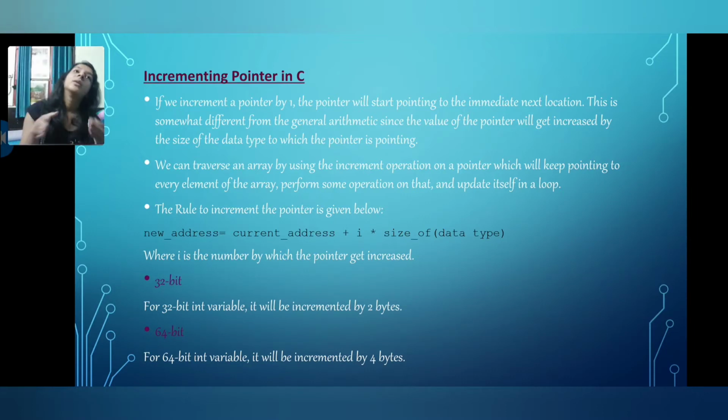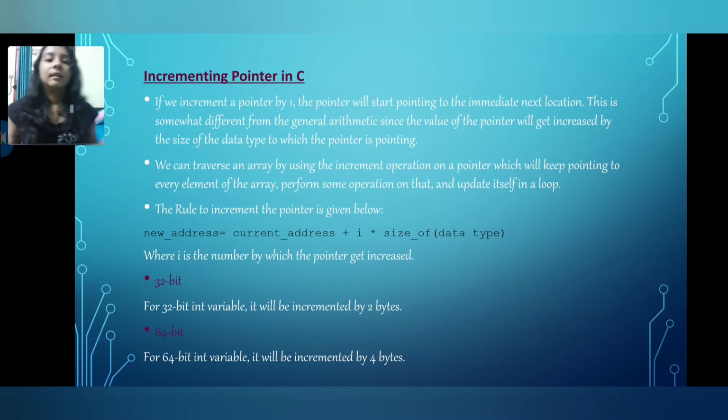Suppose it is pointing to an integer type, and the integer in that particular architecture has 4 bytes of memory. Then if you increment the pointer by 1 value, it is actually pointing to the next location, hence the address is incremented by 4 bytes. 4 is the memory of one integer variable. The address gets updated by 4 values, whereas the pointer is actually incremented by 1 value.